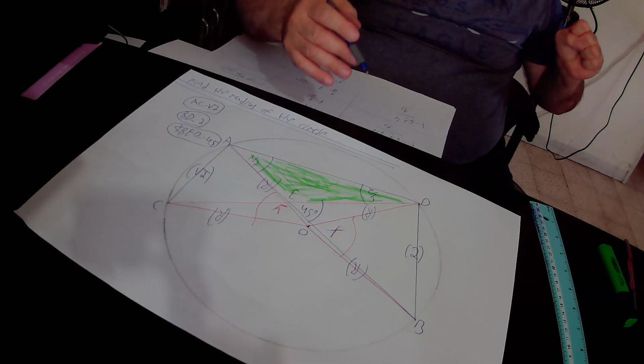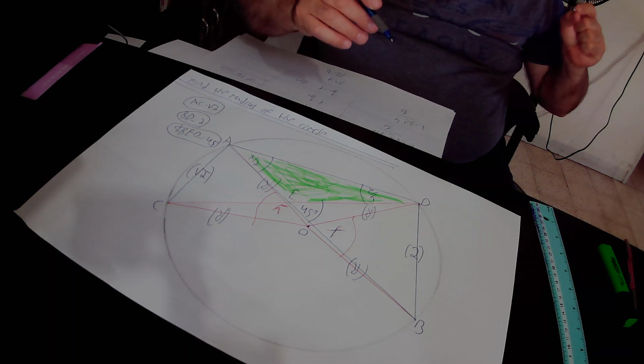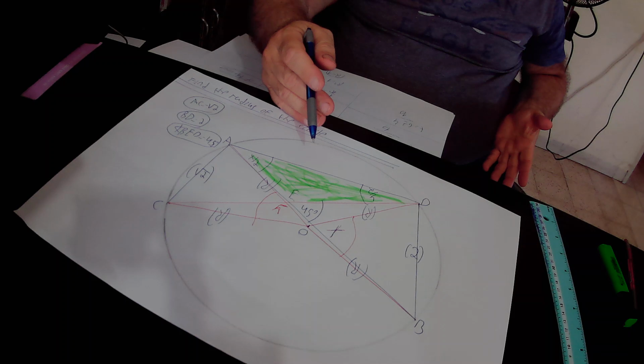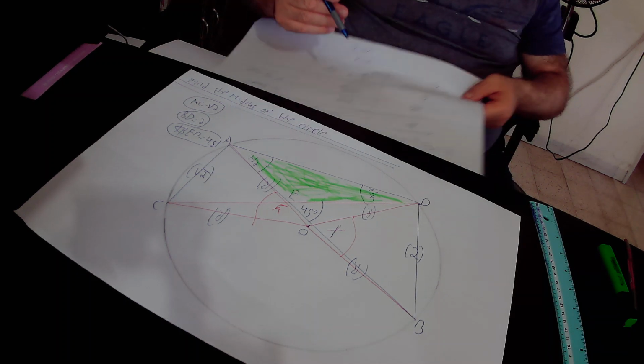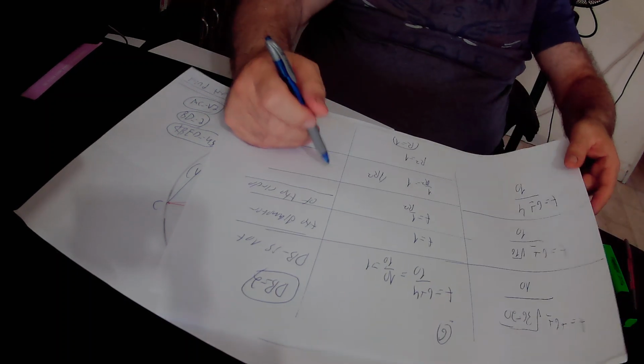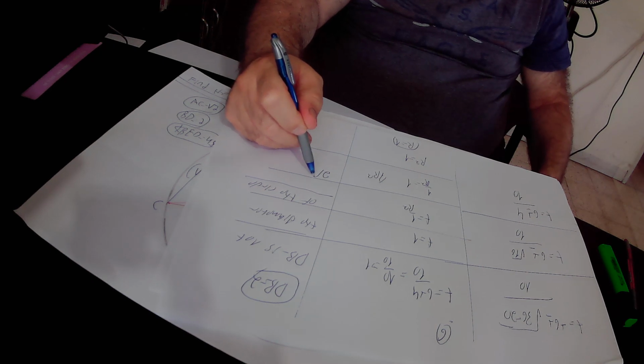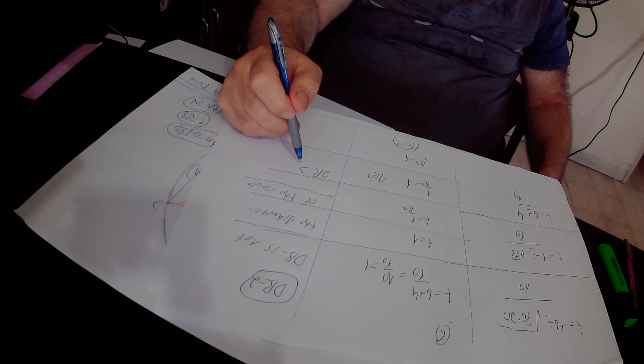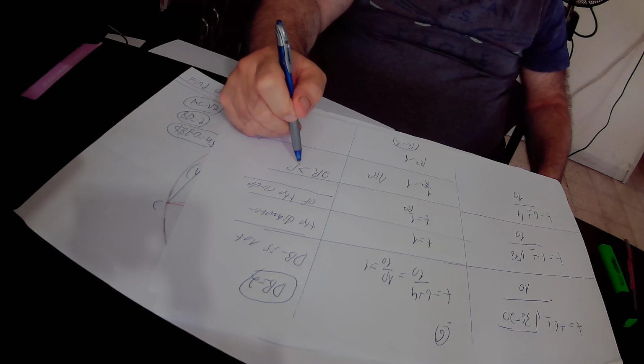And the diameter of this circle is 2r. So the diameter 2r must be greater than chord DB, which is not the diameter of the circle.